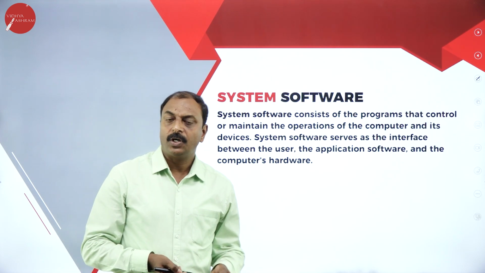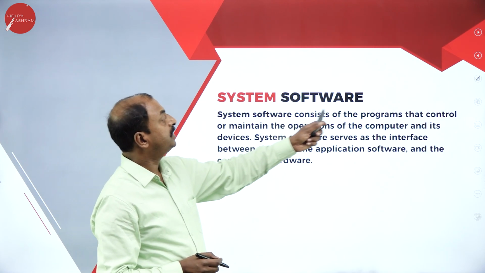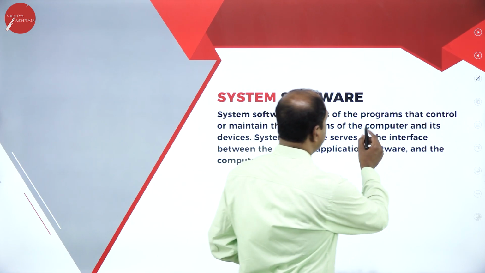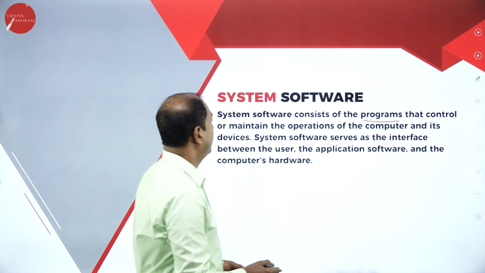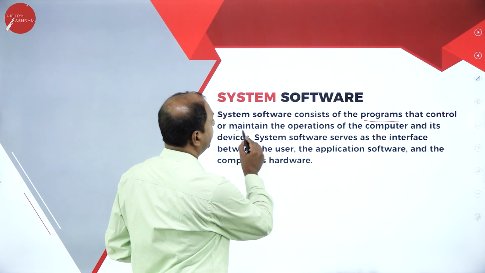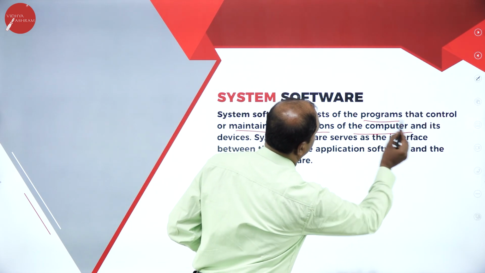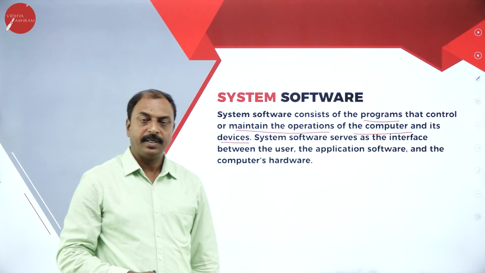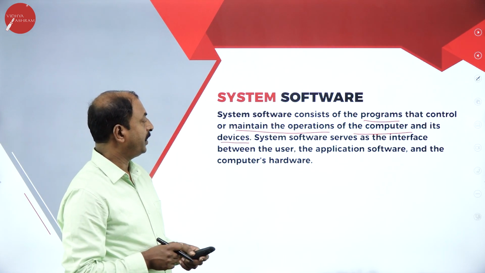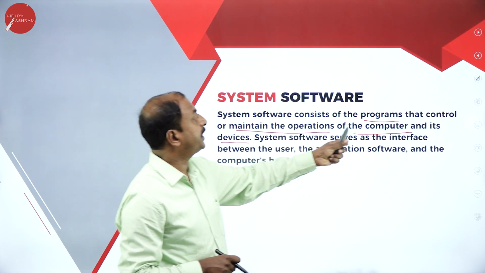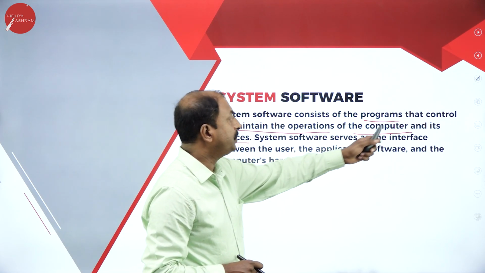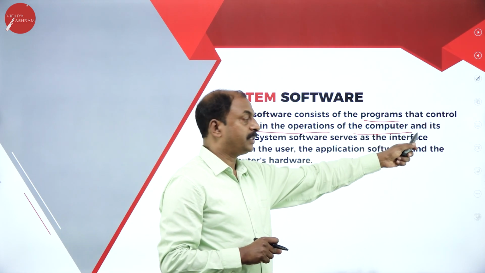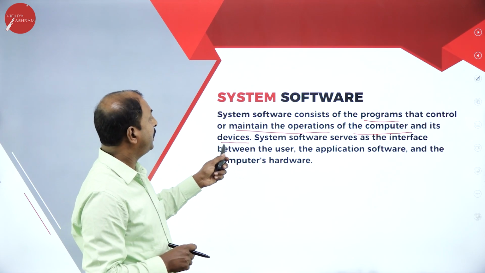Now let us see the definition of system software. System software consists of the programs that control or maintain the operations of the computer and its devices. First of all, software is a program. Under that, we have system software. So system software is a type of program that we use to control or maintain the operations of the computer system, that is, the hardware and devices.